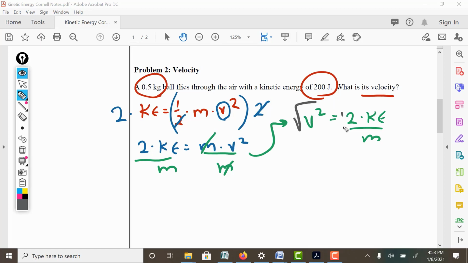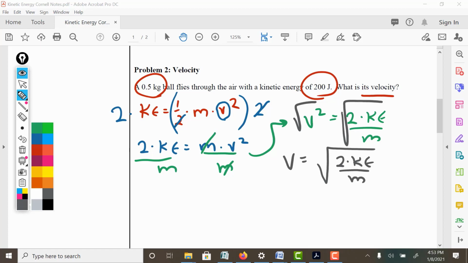We would square root both sides. And this is the relationship between the velocity and the kinetic energy and the mass, where we are actually finding the velocity.